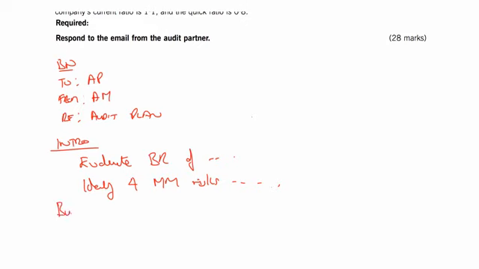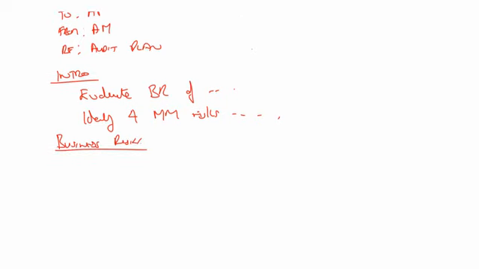So on with the business risks, and the first one was that we import a lot of goods. Whenever you get any importing then, we are going to be subject to exchange rate fluctuations.